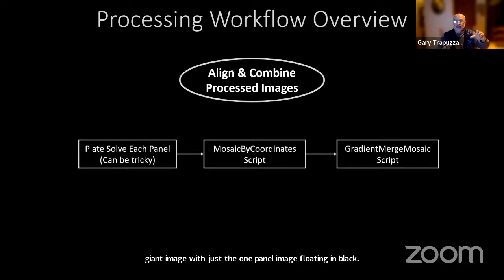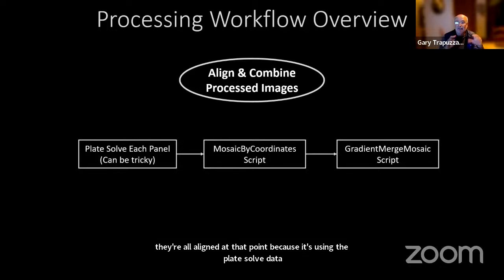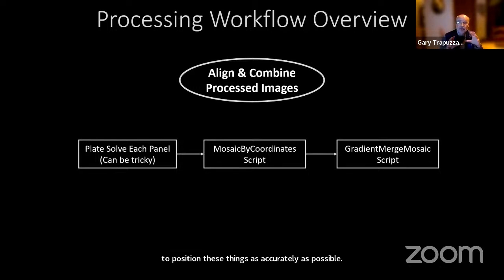And it'll do that for each of the 4 images. They get really big, roughly 4 times the size. But they're all aligned at that point because it's using the plate solve data to position these things as accurately as possible. Way more accurately than going into Photoshop and dimming a layer and lining it up and twisting it and nudging it.